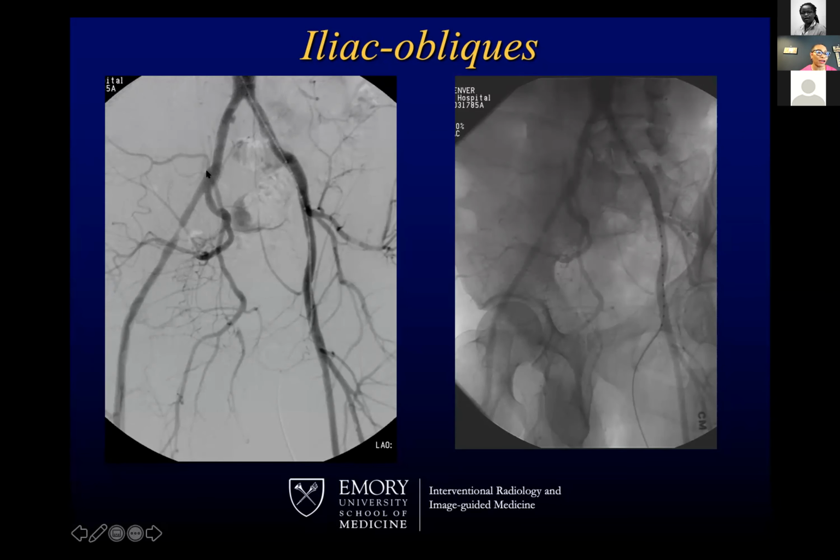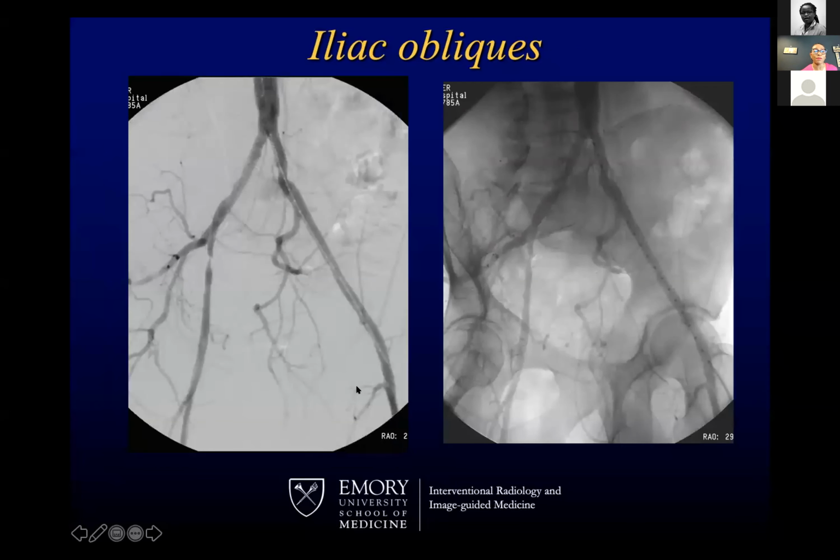The oblique here opens up the bifurcation of the internal and external iliac artery on this side, but it overlaps the bifurcation of the common femoral and superficial femoral artery on the same side, but the contralateral side, it opens up the femoral artery. All right, I'll show you another picture of that.